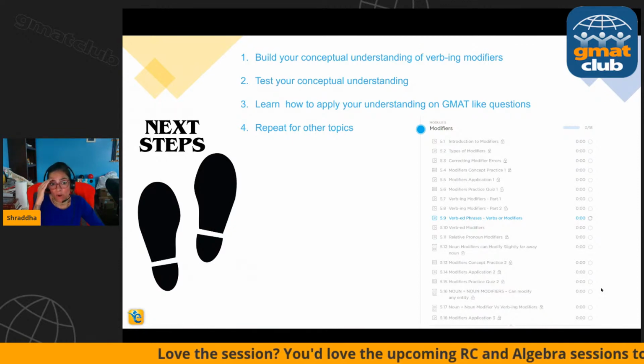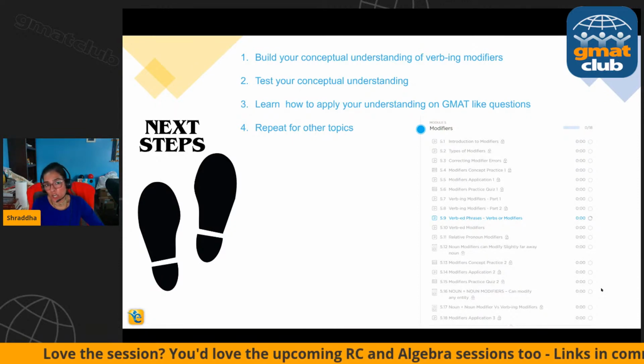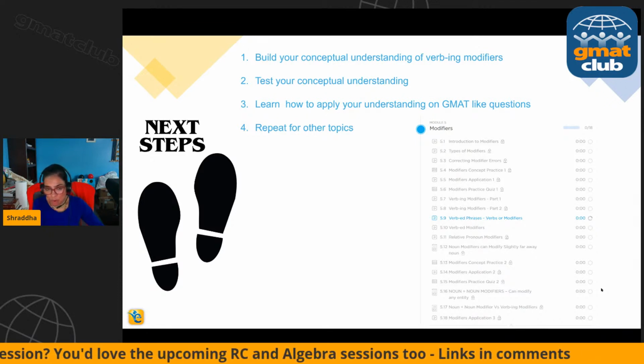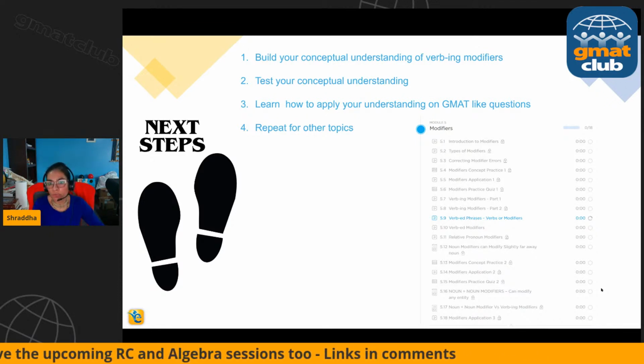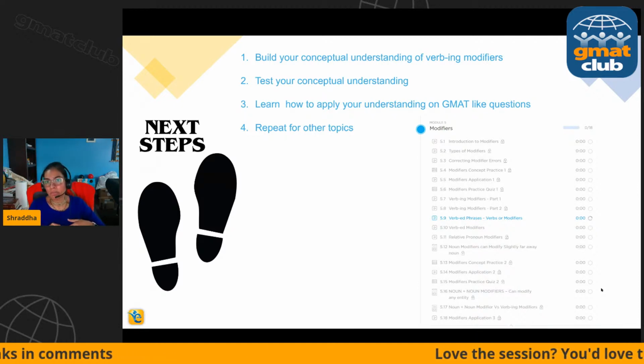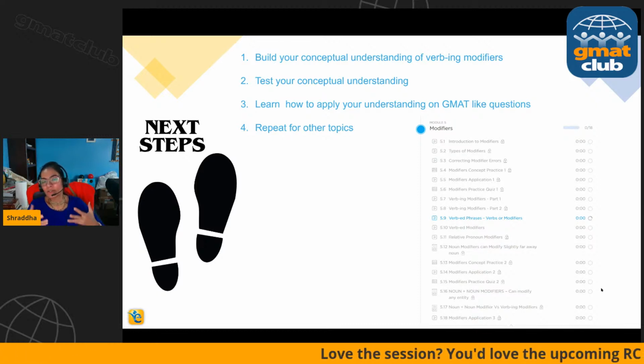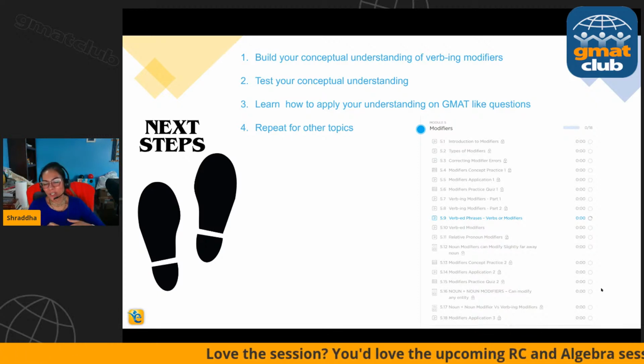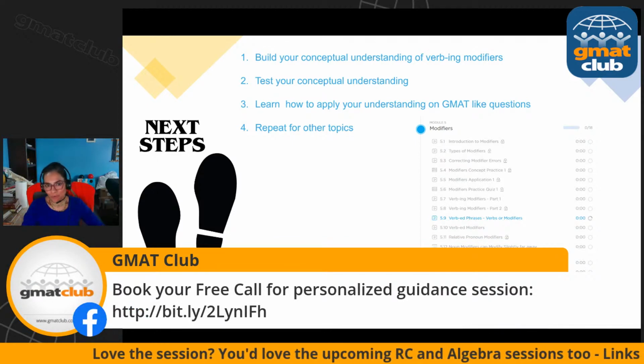Also, going forward from here, build your conceptual understanding of verb-ing modifiers. What I showed you was, I wouldn't say the tip of the iceberg, but we definitely need more than 2 hours to master the usage of verb-ing modifiers.